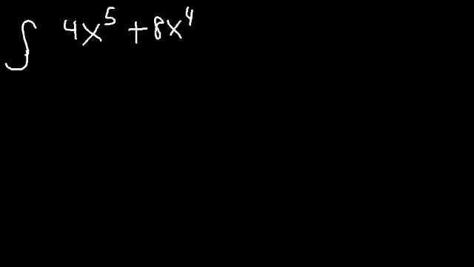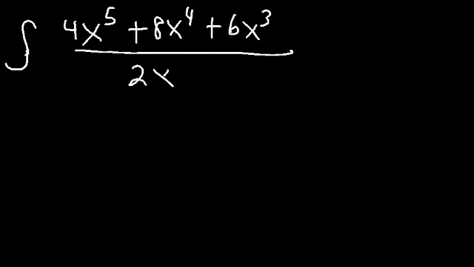Try this one. Go ahead and find the antiderivative of 4x to the 5th power plus 8x to the 4th power plus 6x cubed divided by 2x squared. So what do you think we should do in this situation?